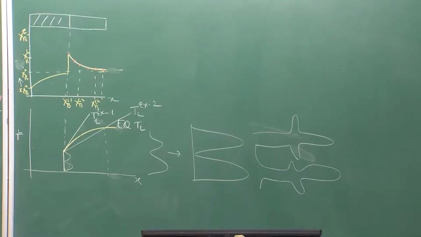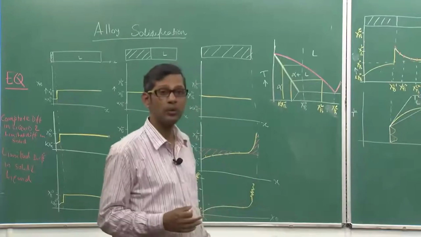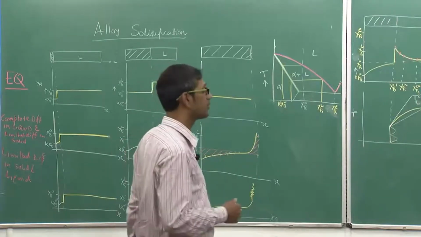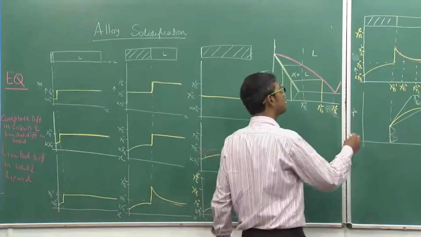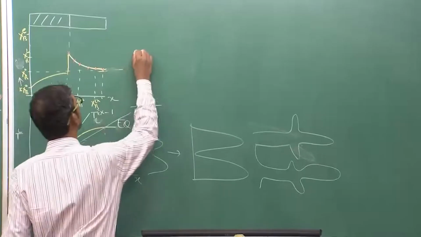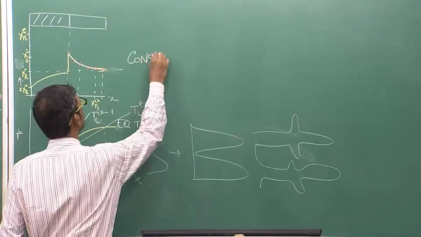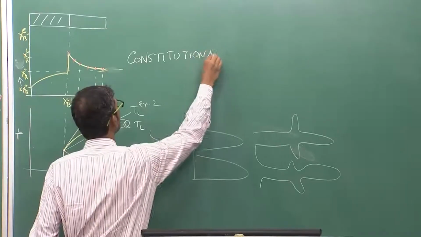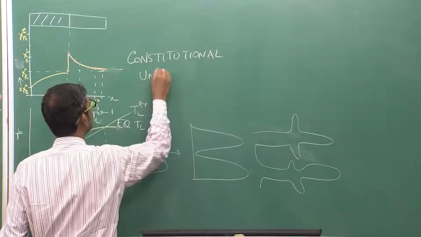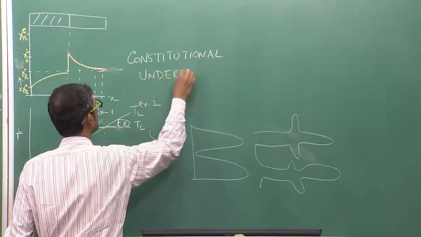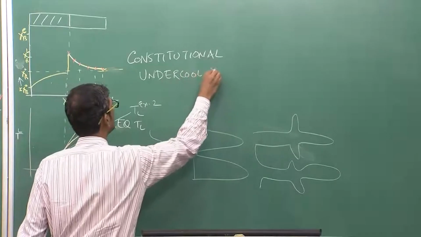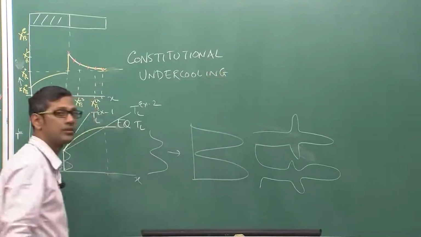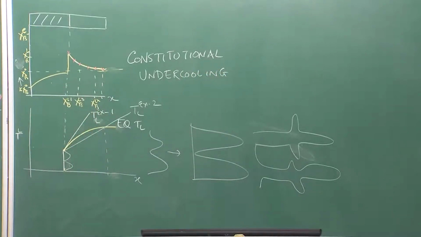So, the formation of alloy dendrites has to do with undercooling because of composition, or constitutional undercooling, and this theory is known as the constitutional undercooling theory.